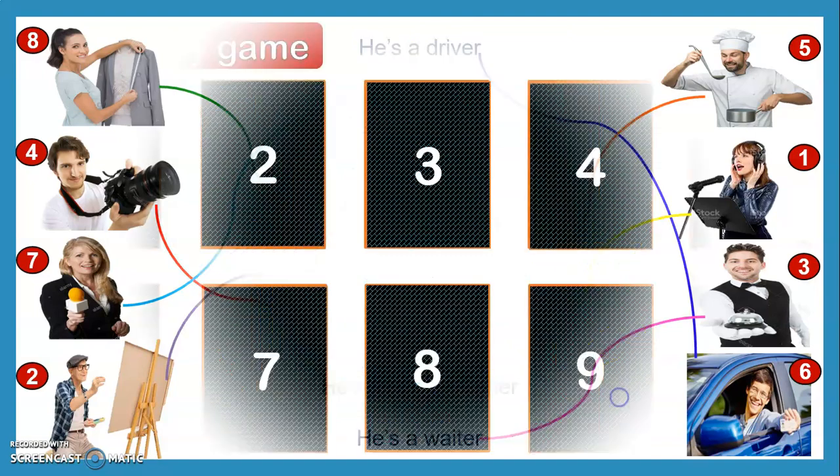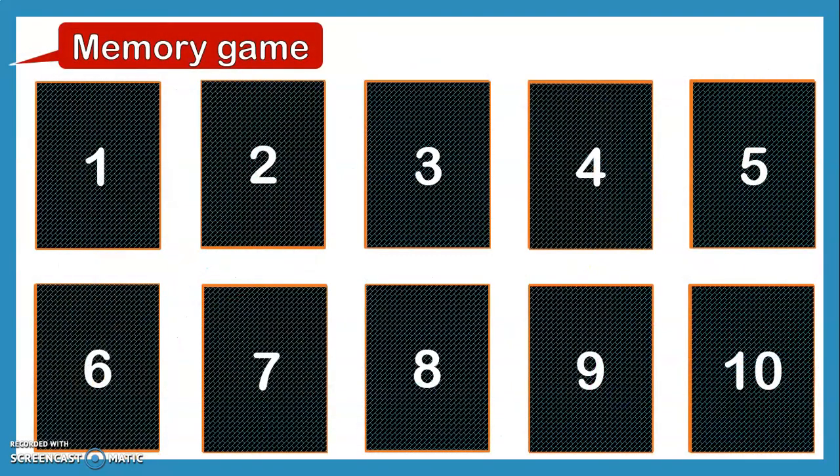Ready? Okay, so let's continue playing the memory game. Okay, so you know the instructions, and now you are going to tell me the numbers. Here you are going to find the worker, no? Okay, let's start.